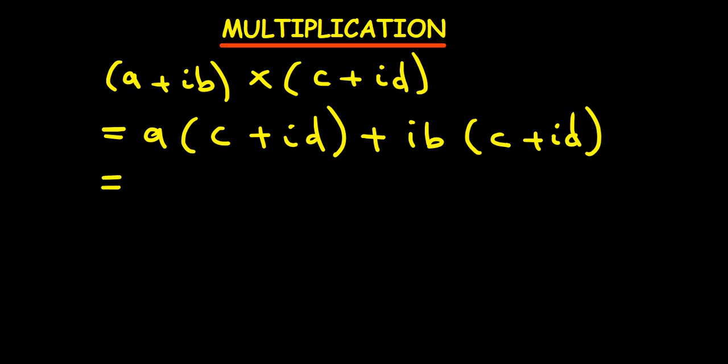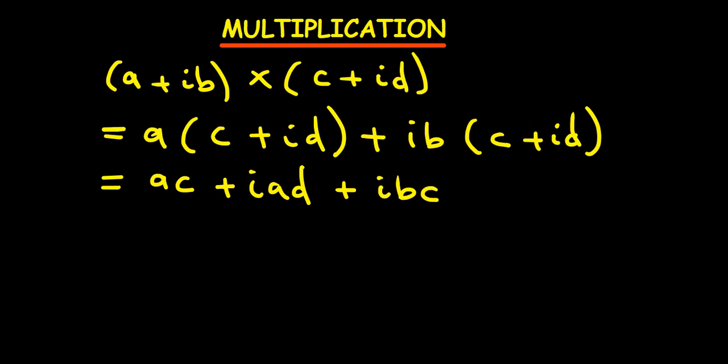So this is going to be equal to, a by c, that's ac, plus a multiplied by id, you get iad, plus ib multiplying by c, you get ibc.